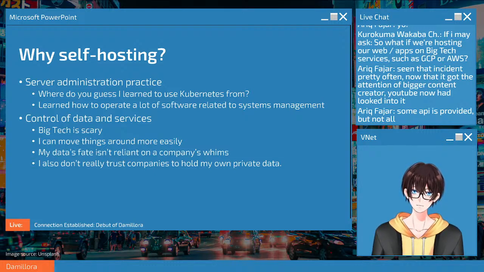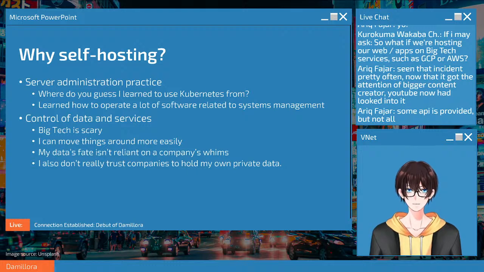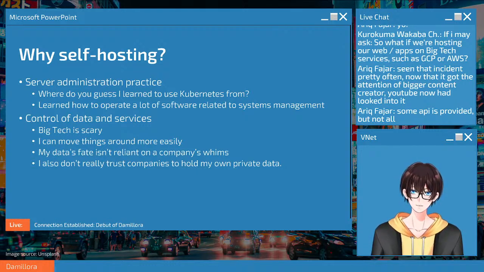And then now let's talk about my own servers. I'm talking about what I use to host my own stuff, what I actually use for, for example, domains.